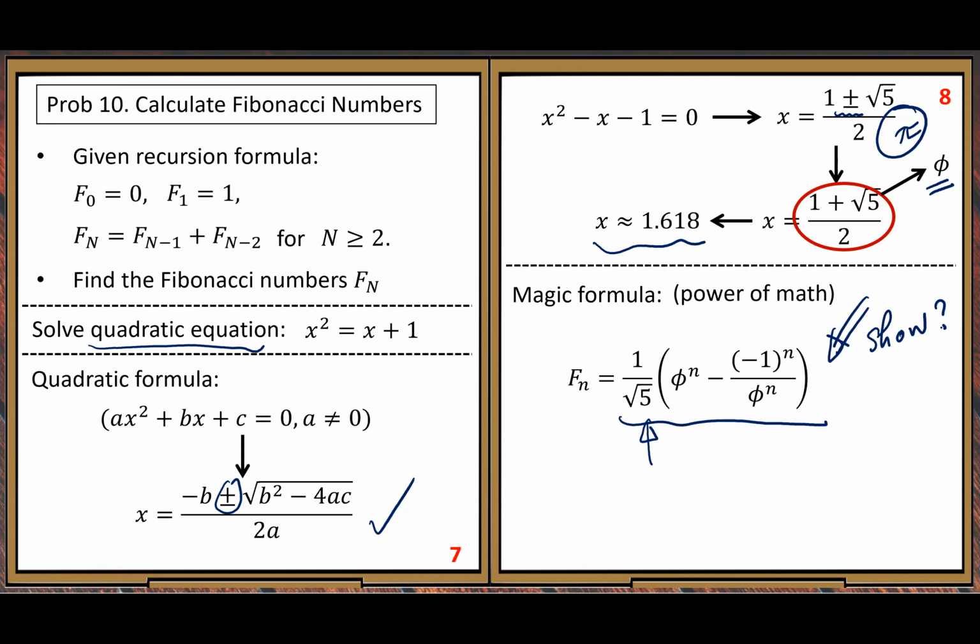Mathematical induction, I may just do once. So the count binary digits topic, I have a chance to save some time. If I skip that part, I just do mathematical induction for this Fibonacci formula.